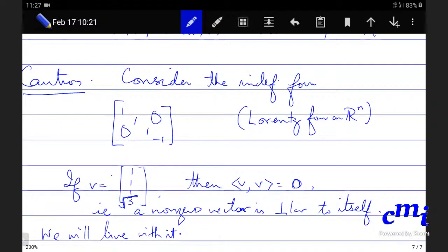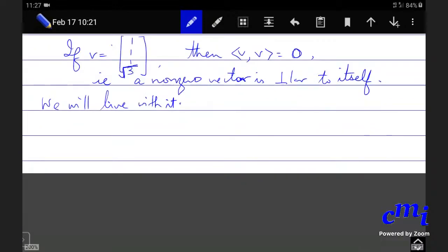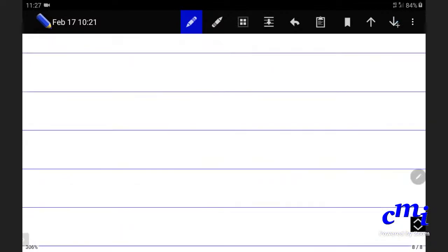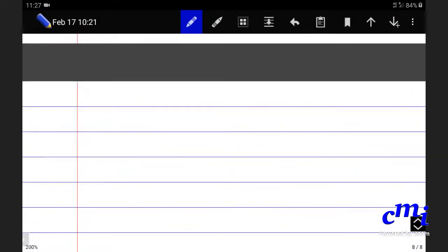It's not the name for Lorentz form. Lorentz form is the name for that particular form I wrote. It has applications in relativity theory, which I do not know.